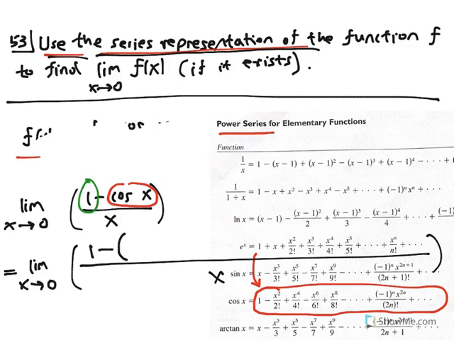minus, in parentheses, you need parentheses because you need to distribute the minus sign to every term of the power series for cosine x. So what is the power series for cosine x? It's right here.